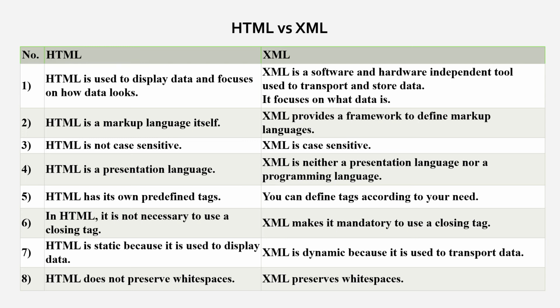In the case of HTML, it is a presentation language, whereas XML is neither a presentation language nor a programming language. HTML has its own predefined tags, whereas in XML we can define our own tags according to our convenience.